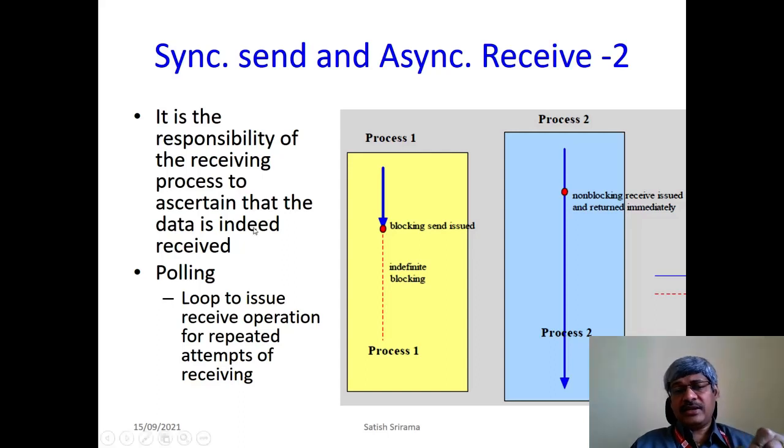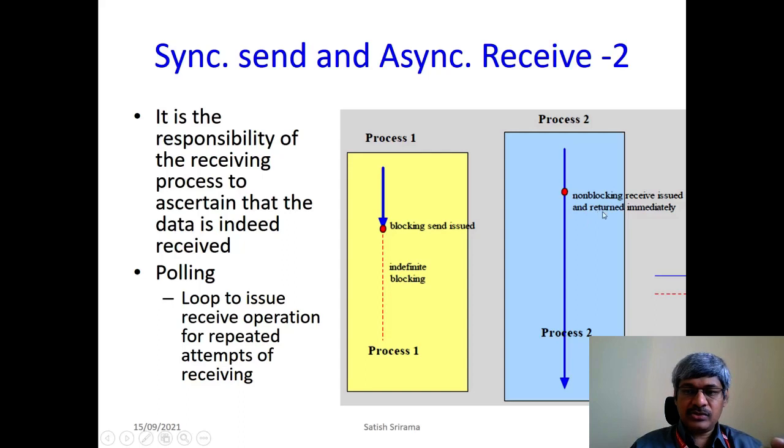In such scenarios, it is the responsibility of the receiving process to ascertain that the data is indeed received by it. Process 2 has to inform back that it has received the data, or else process 1 ends up in indefinite blocking. There are several solutions for that. One of them is polling. Say you issued a non-blocking receive and it immediately returns because nothing is received.